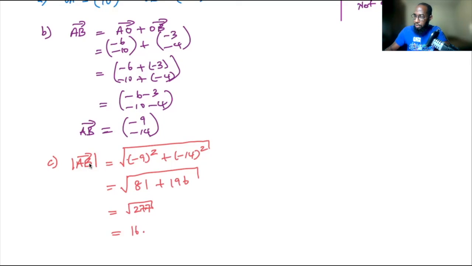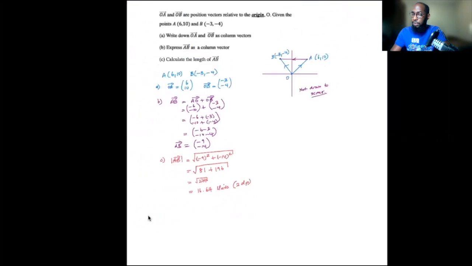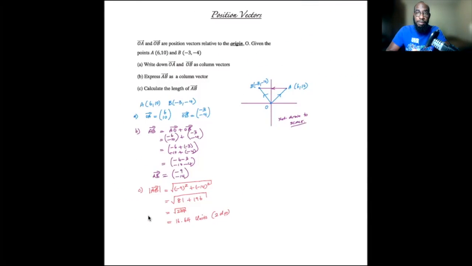To two decimal places, this is how we calculated the length of AB. This is the procedure here. Remember, calculating the length hinges on Pythagoras' theorem. So that's it for position vectors.